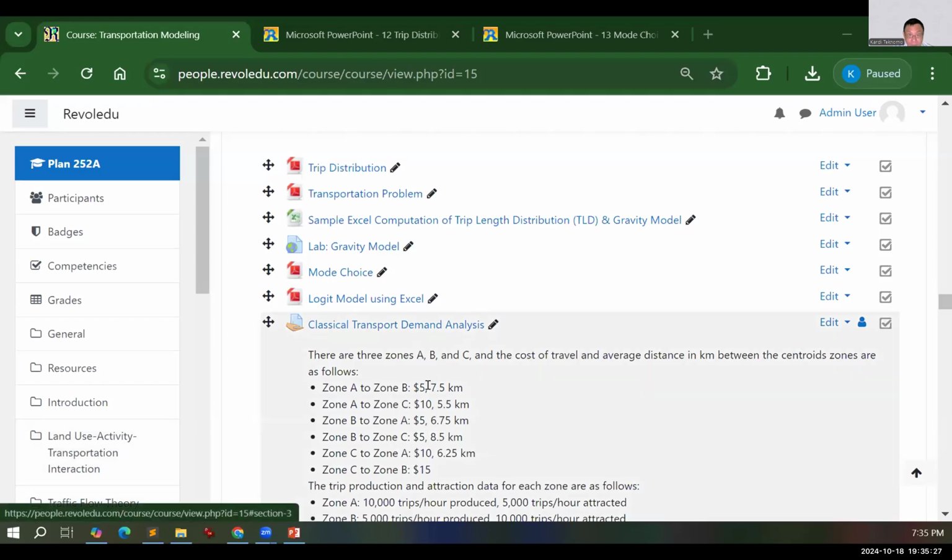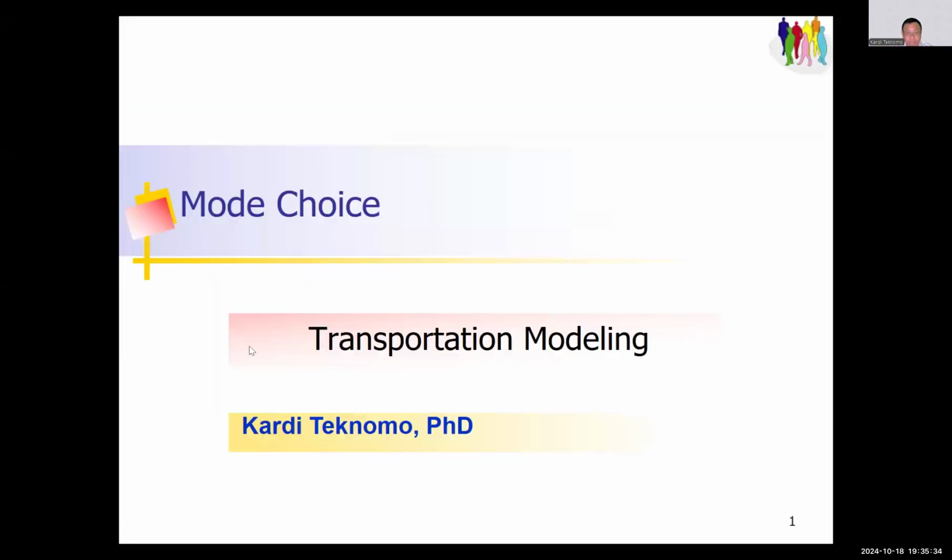Yeah, in Moodle, you can go to mode choice. So this is the third step of the four-step model: trip generation, trip distribution, mode choice, and then traffic assignment. Next week is traffic assignment and mode choice.